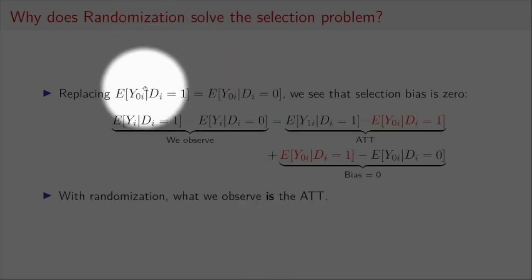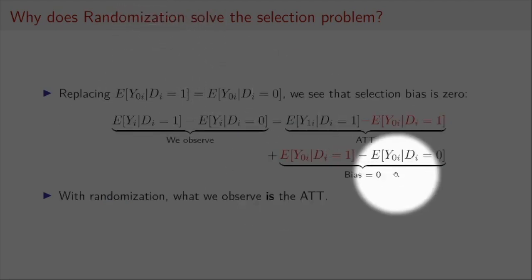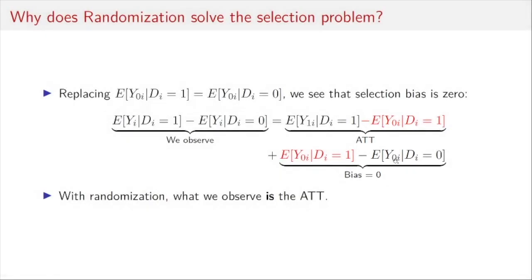Now, since these two terms are equal, this bias is equal to 0. And then what we observe is the average treatment on the treated.